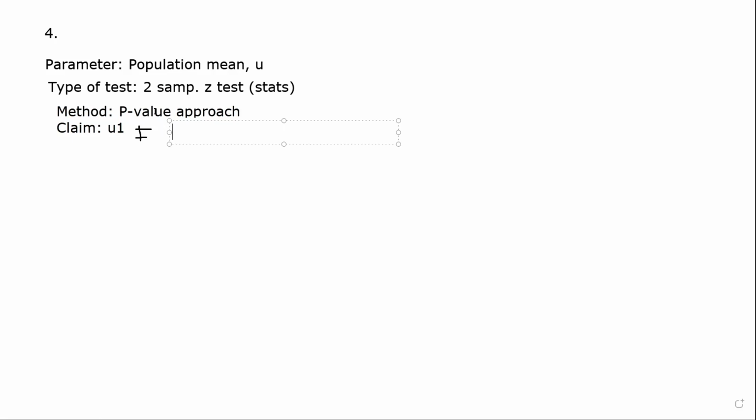And remember, I like to put which hypothesis this is. This would be H1. H1: mu1 is not equal to mu2, because can it be concluded that they're different in the winter? Okay.